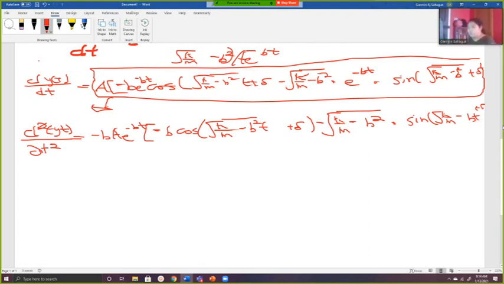If we derive this, this would become a e to the negative bt b squared cosine of the square root of k over m minus b squared t, plus this.